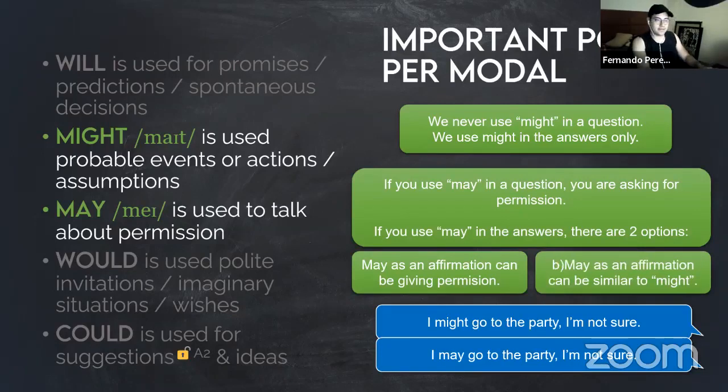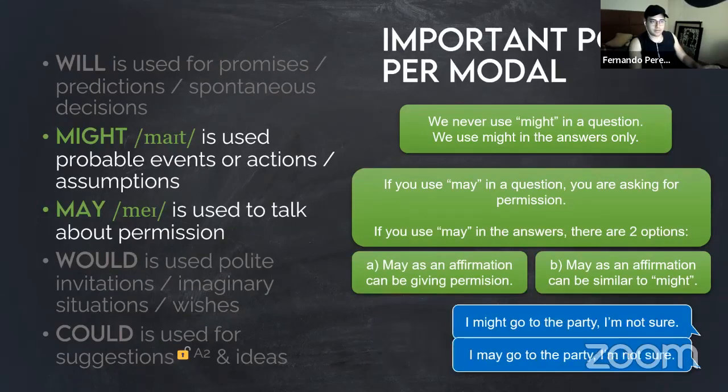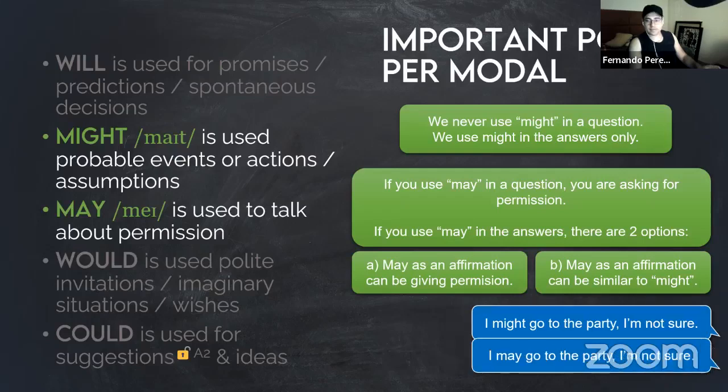This is option A. This is option B. In this case, might and may are similar.